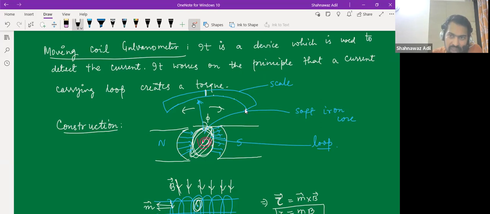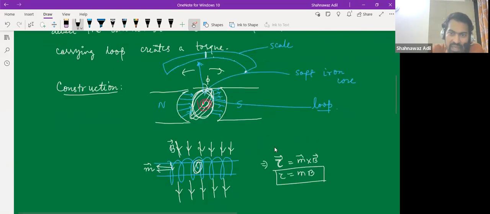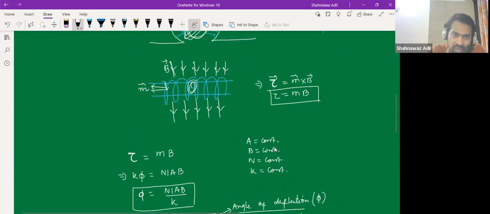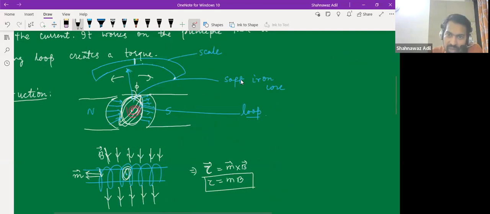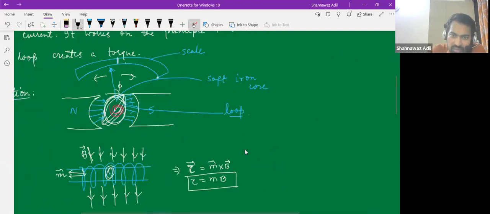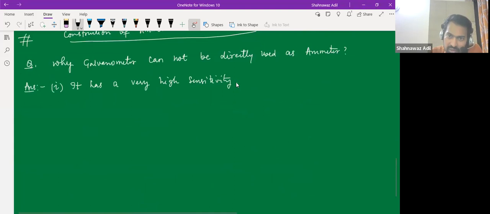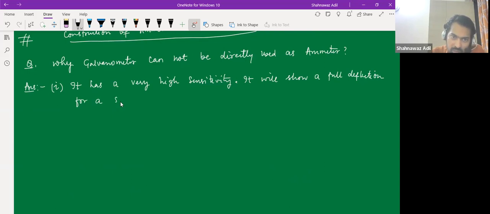So that is what we mean by high sensitivity, because after some current it will reach its maximum point. So this is very sensitive. It will show full deflection for a small microampere current.